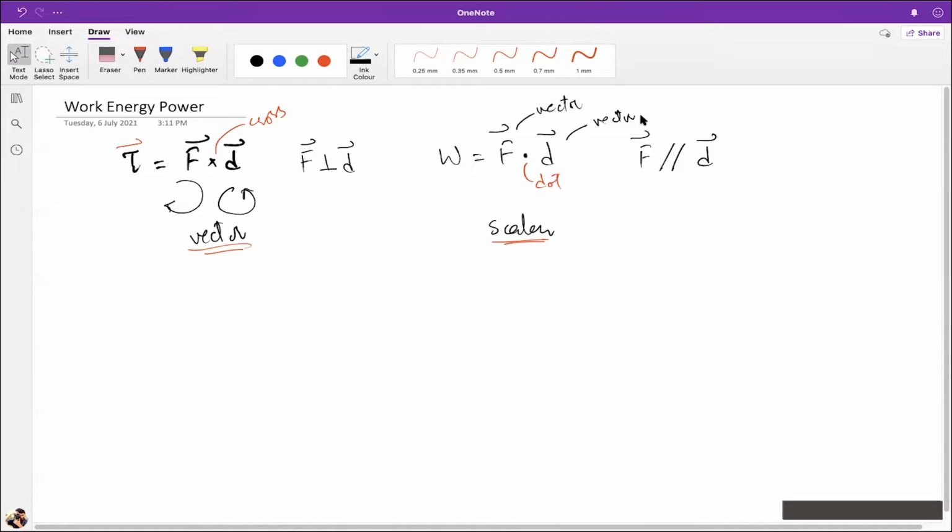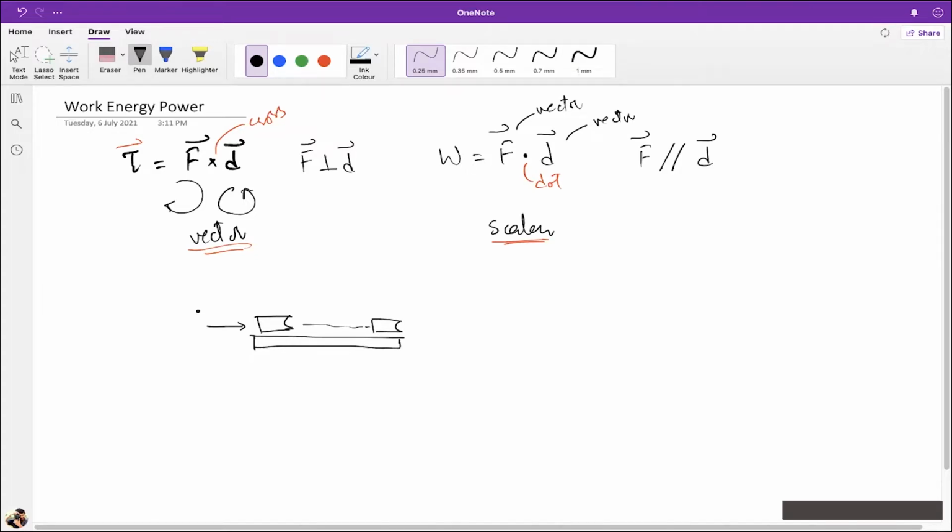So here, the definition may seem a little counterintuitive. So for example, it's a very common example that you have a book. So this book, you push it on a table. So this is a tabletop. You push this book, it moves from here all the way to here. So the book is over here.